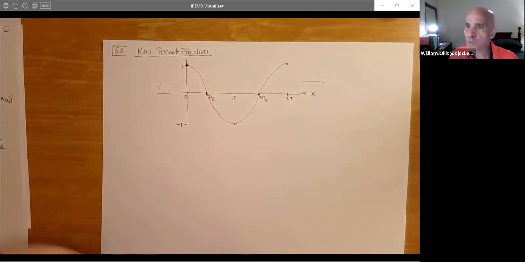And so if we transform it, we might compress it, we might stretch it, we might shift it right or left, up or down, and we may stretch it or compress it vertically, just like we've done with all the other functions. So the key here is, how do we do it? Well, how have I taught you to do it?